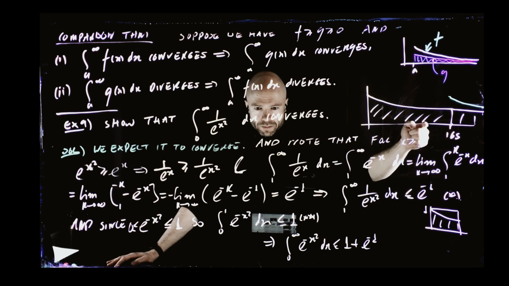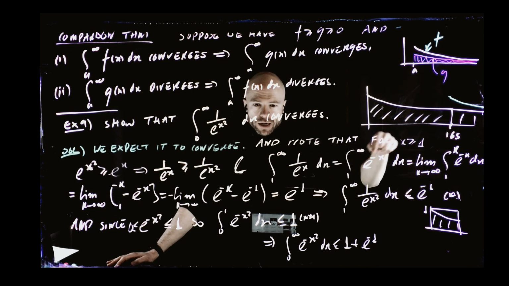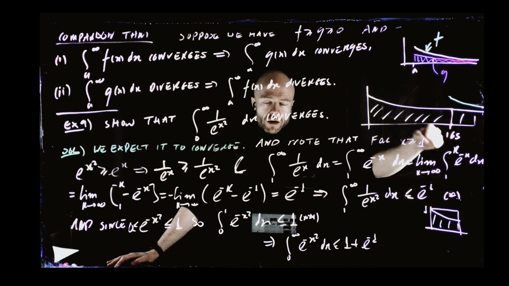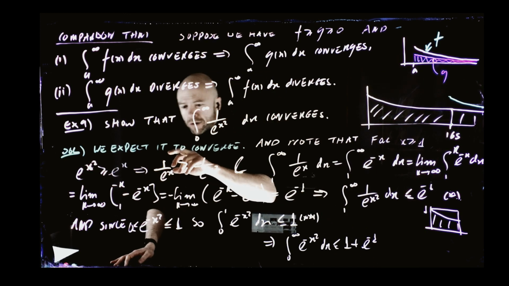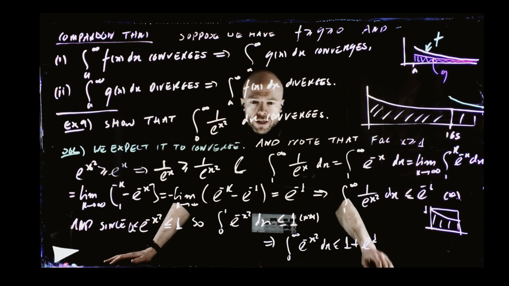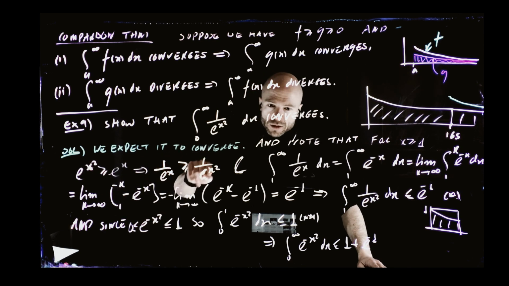Because ultimately, for large enough x, 1 over e to the x squared will be less than 1 over x to the power 175. And then we could compare the integrals from that point onwards, and the same strategy would work. It just happens that comparing it to 1 over e to the x is easier, because we see rather easily when 1 over e to the x is bigger than 1 over e to the x squared.